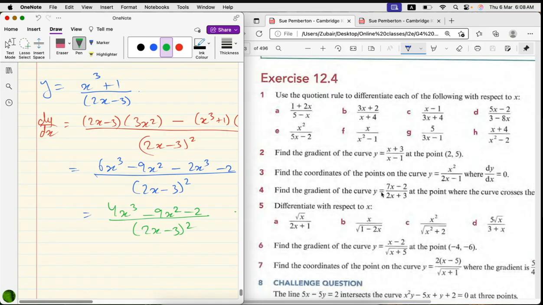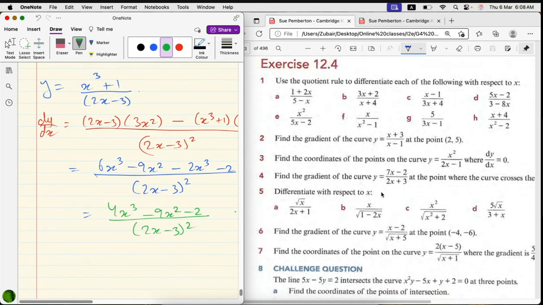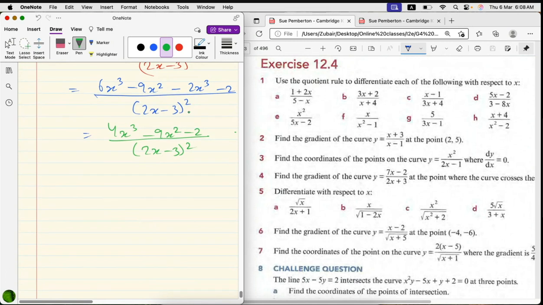Okay, exercise 12.4. Try the first one. You want me to write the formula again? Yes, please. y equals U divided by V, dy by dx is V differentiation of U minus U differentiation of V divided by V squared.